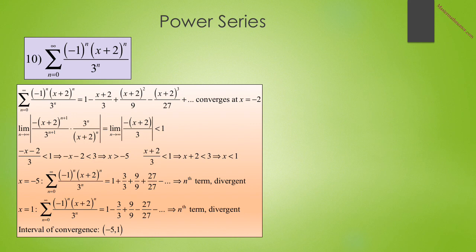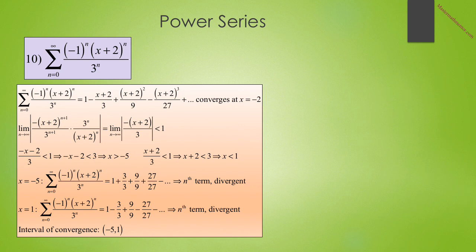We will check convergence by the ratio test and look at the limit as n approaches infinity of the absolute value of negative quantity x plus 2 raised to the n plus 1 over 3 to the n plus 1 times 3 to the n over (x plus 2) to the n. And this becomes the limit as n approaches infinity of the absolute value of negative quantity x plus 2 over 3, and we're interested when that is less than 1.